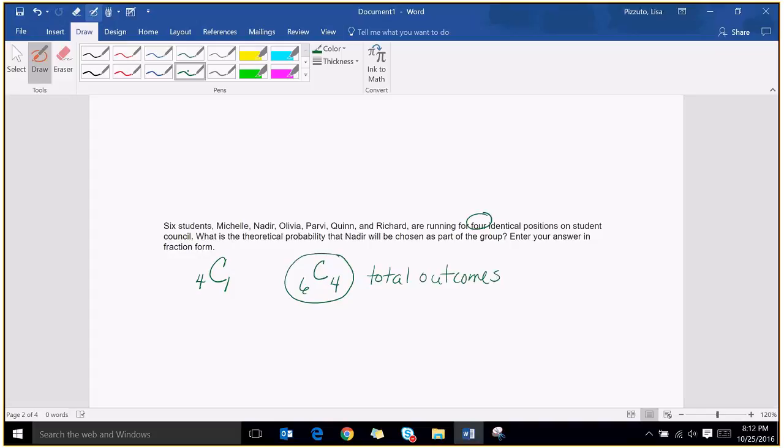I'm not sure. I think it's Nadar. So that would be your success. So would you do the n over n minus r factorial to find the total? Oh, let me think.